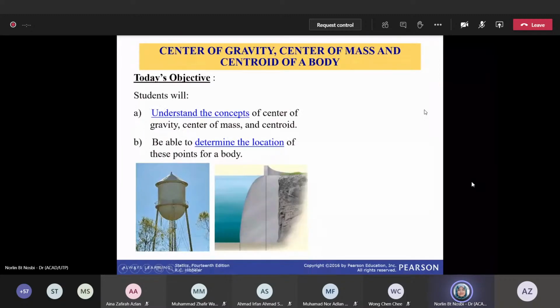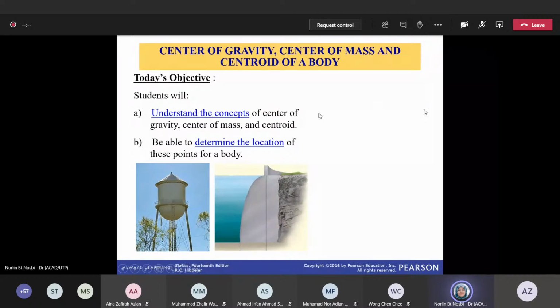So today's objective for 2 hours, you all should know the concept of center of gravity, center of mass, and the centroid. You should know how to find the location of these 3 points.